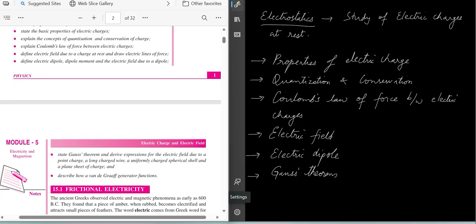You will understand the expressions through the Gauss theorem in each of these scenarios. These are called applications of Gauss theorem, those derivations or expressions. Then finally we will see what a Van de Graaff generator is. So let's proceed.